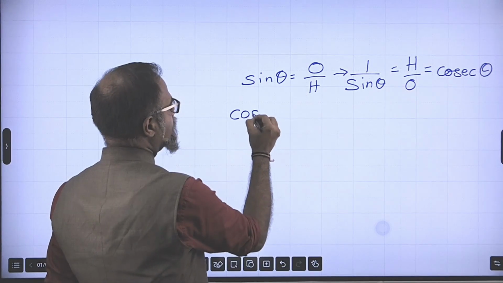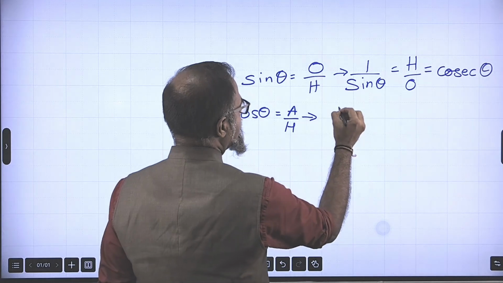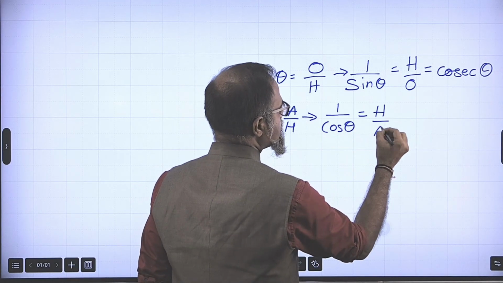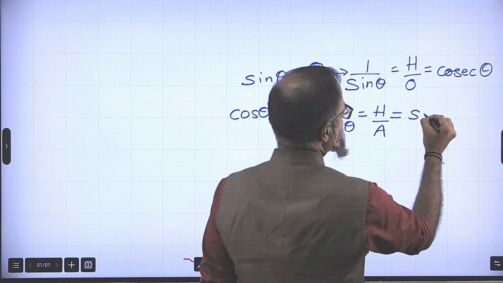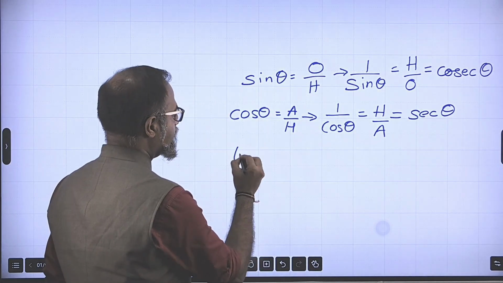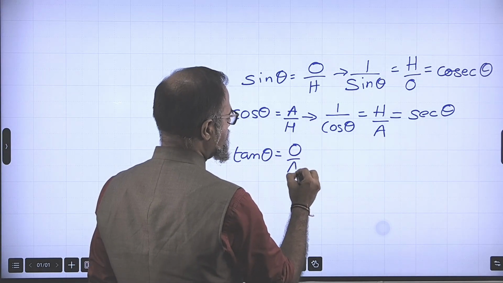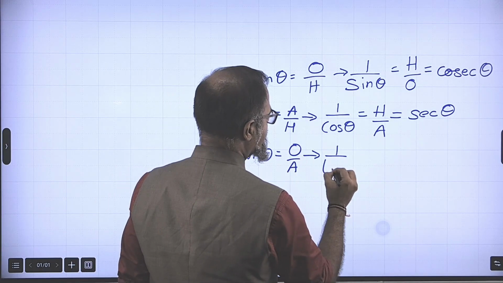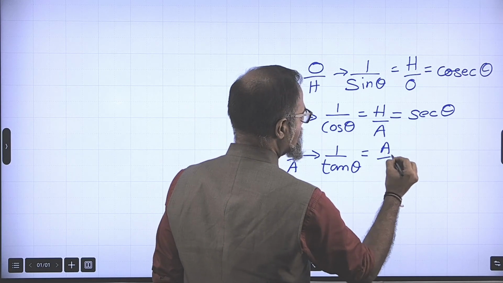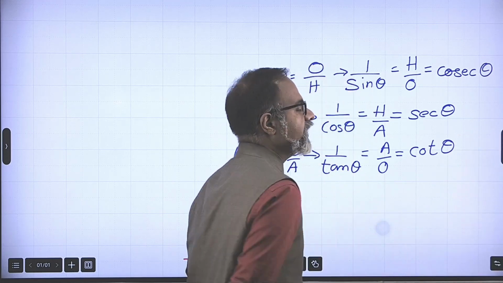Similarly, if cos theta is adjacent upon hypotenuse, then 1 upon cos theta is the hypotenuse upon the adjacent, which is called sec theta. And if tan theta is defined as opposite upon adjacent, then 1 upon tan theta is adjacent upon opposite, and that is called cot theta.